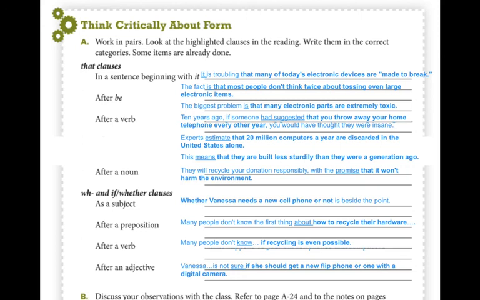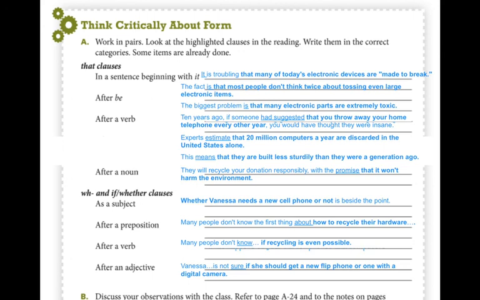Vanessa is not sure if she should get a phone with a digital camera or not. However, with two choices, don't use or not, because you've already got the or phrase. Vanessa is not sure if she should get a new flip phone or one with a digital camera. One is a pronoun that means the phone.